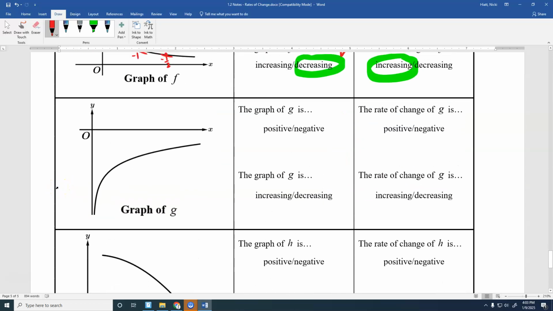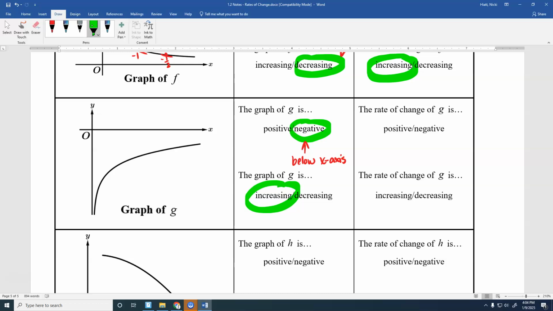If we look at our next graph for this, in this case, we would say that the graph of G is negative. And we are saying that this graph of G is negative because it falls below the x-axis. The graph of G is also going to be increasing here.